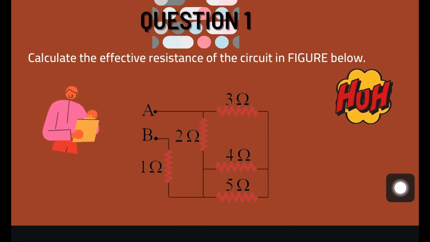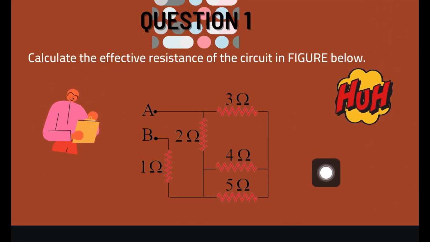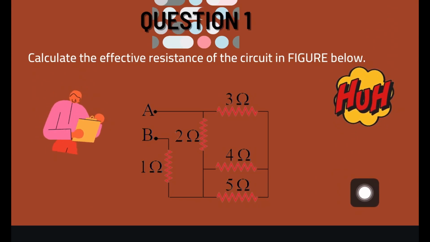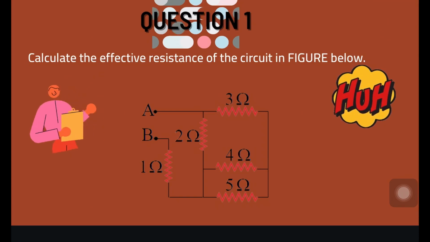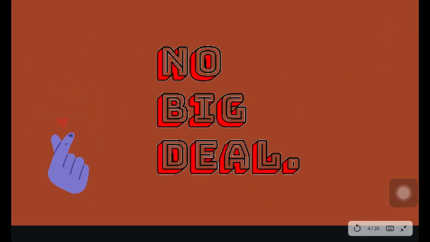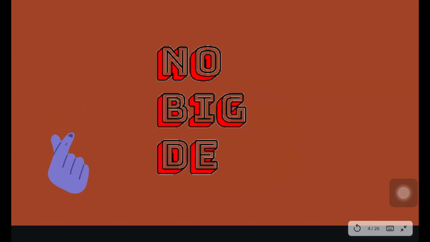So have you tried this question? Congratulations to those who have done this question, and no big deal for those who haven't done it yet. We are going to discuss this question together.